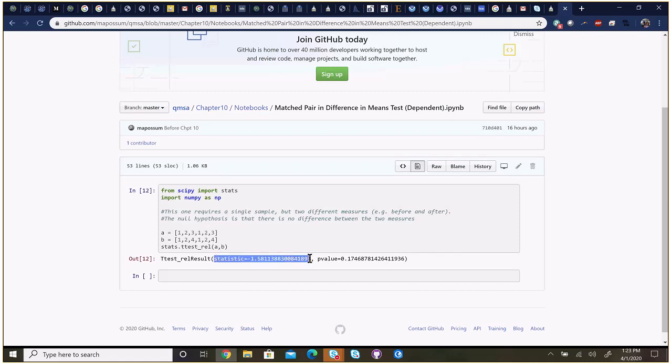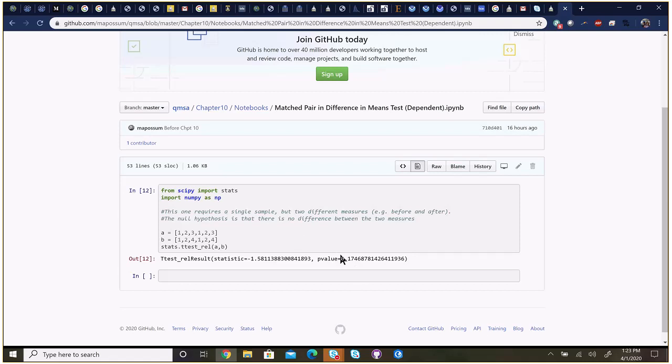Here's the test statistic. Here's the p-value. In order to do that, we need to think first, what was the null hypothesis? That these two were equal. All right? And so the p-value was 0.07, right?